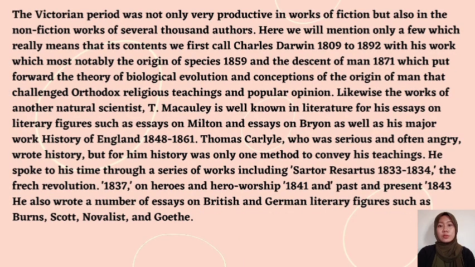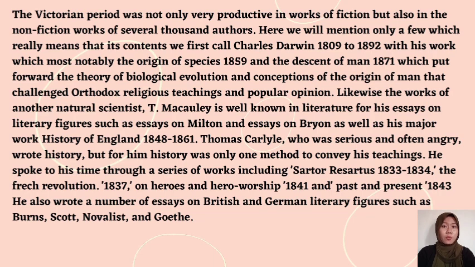The Victorian period was not only very productive in works of fiction, but also in the non-fiction works of several thousand authors. Here we will mention only a few. First we call Charles Darwin, 1809 to 1892, with his works, most notably The Origin of Species 1859 and The Descent of Man 1871, which put forward the theory of biological evolution and a conception of the origin of man that challenged orthodox religious teachings and popular opinion.